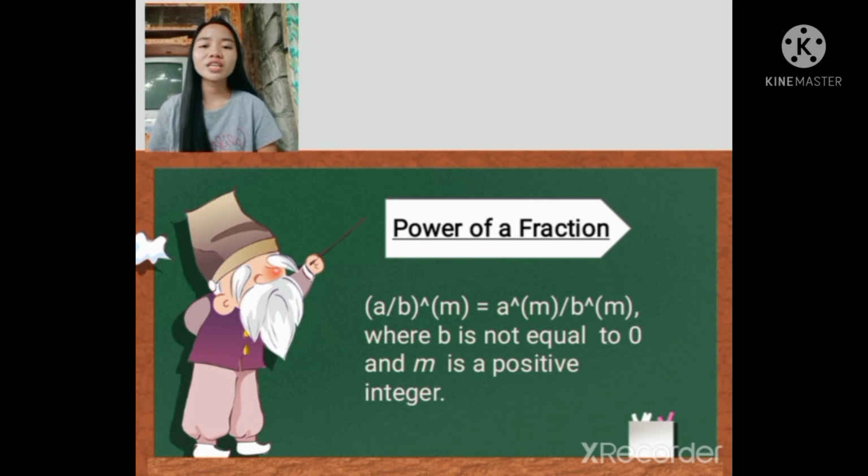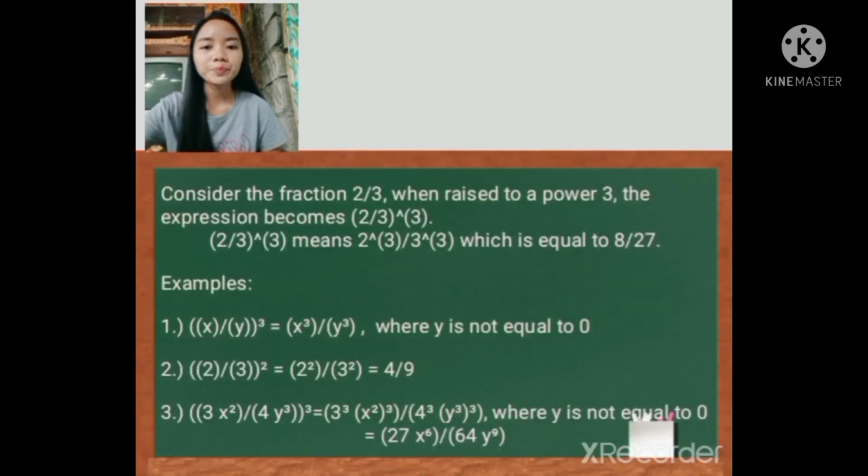Let's proceed to power of a fraction. a over b to the power of m equals a to the power of m over b to the power of m, where b is not equal to 0 and m is a positive integer. Consider the fraction 2/3 raised to the power 3.